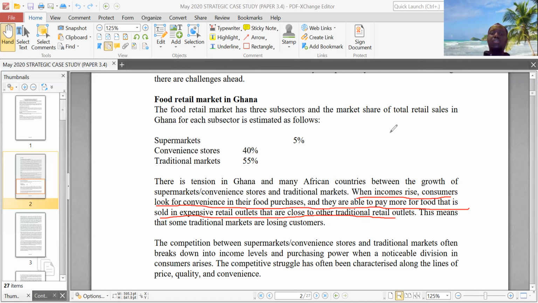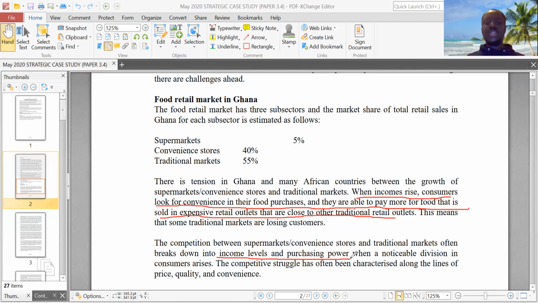The competition between supermarkets / convenience stores and traditional markets breaks down into income levels and purchasing power when a noticeable division in consumers arises. So two key factors here, which are income levels and purchasing power, and they are both related, right?